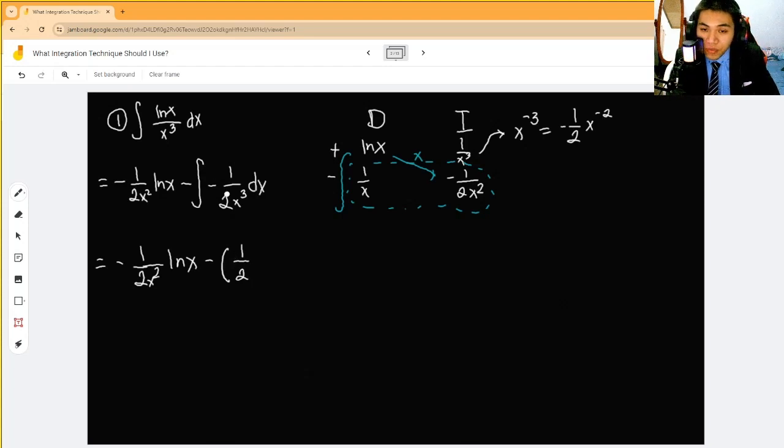And it's positive since we evaluated this part already, and it's just standard minus over there. And we have the integral of x to the negative 3 power dx, and we know that this is the answer to that. So let's just put it in here real quick.